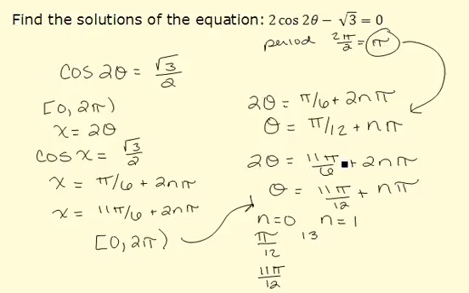Looked at the wrong one, that would give us 13 pi over 12 when n is equal to 1. And looking at the second one, when n is equal to 1, we're going to have 23 pi over 12 as our four solutions in 0 to 2 pi.